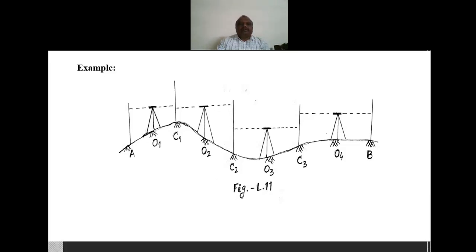So here A is the point, O1 is the instrument station, and C1 is the change point. Only backsight and foresight are to be recorded as per the fly leveling procedure.